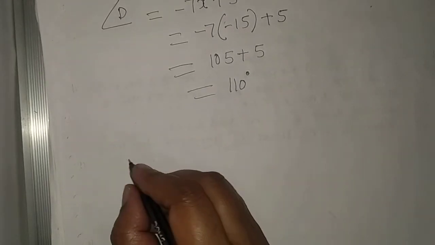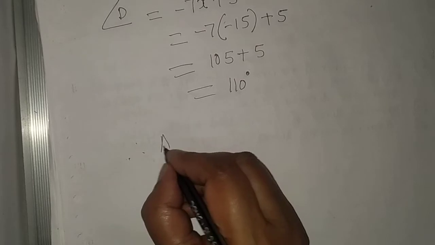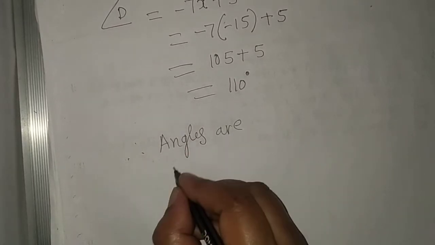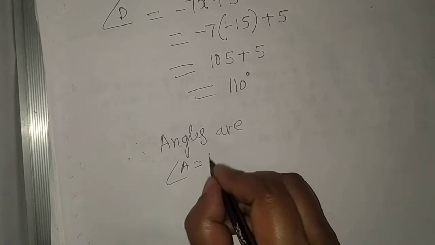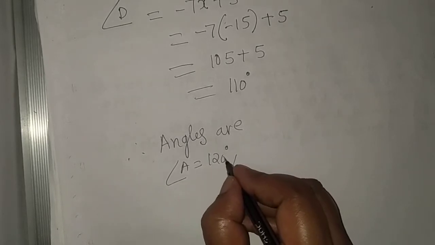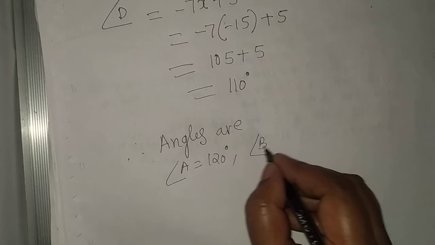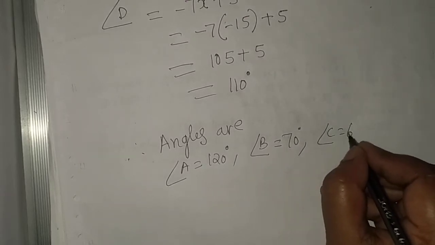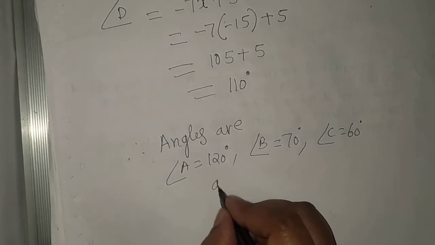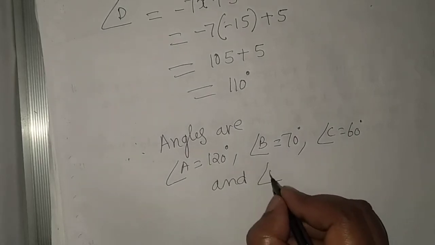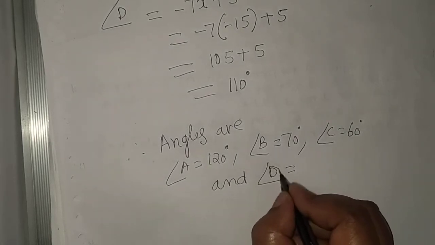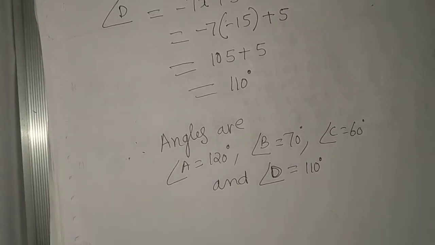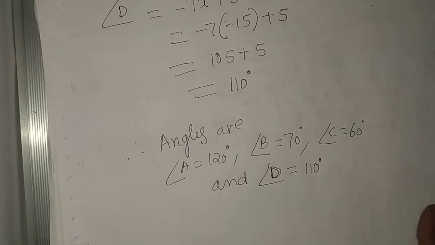So therefore the angles are: angle A is equal to 120 degrees, angle B is equal to 70 degrees, angle C is equal to 60 degrees, finally angle D is equal to 110 degrees. So this is the complete solution of the 8th problem.